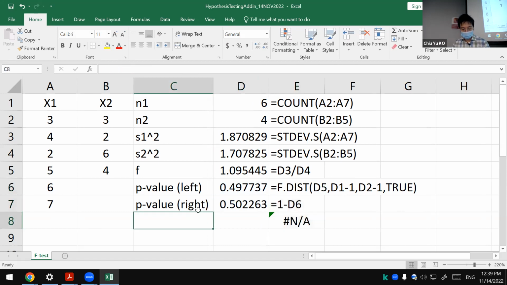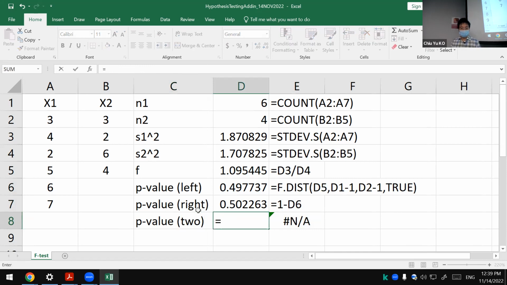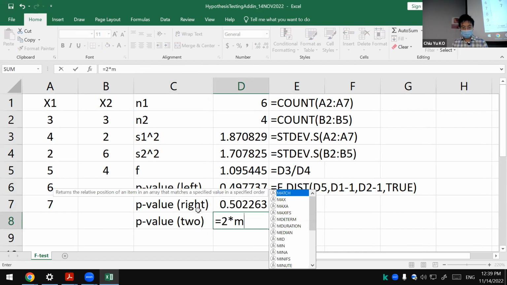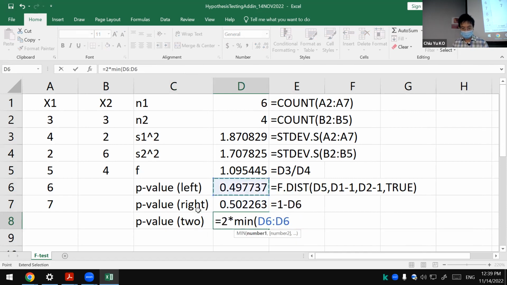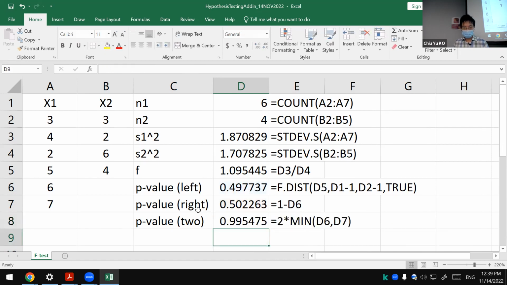The last one is the two-tail. The p-value would be 2 times the minimum of the left and right. That is how we do the left, right and two-tail. It will be 0.99547.